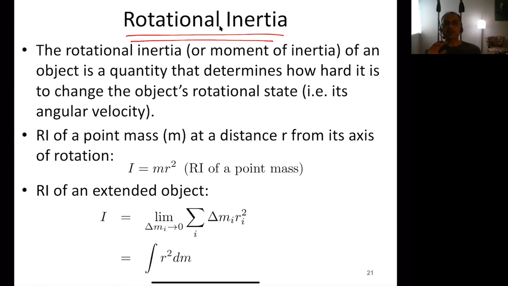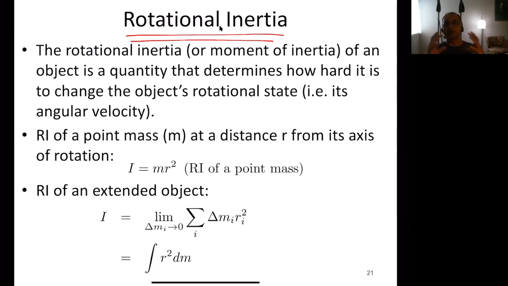Now, there is also a different type of inertia which applies to rotation. When an object is at rest, it will not just start rotating. If it's at rest, it will want to stay at rest. And if it's already rotating, then it will always want to keep on rotating, right? You would have to do something to it to change its rotational state, to make it rotate faster or slower.